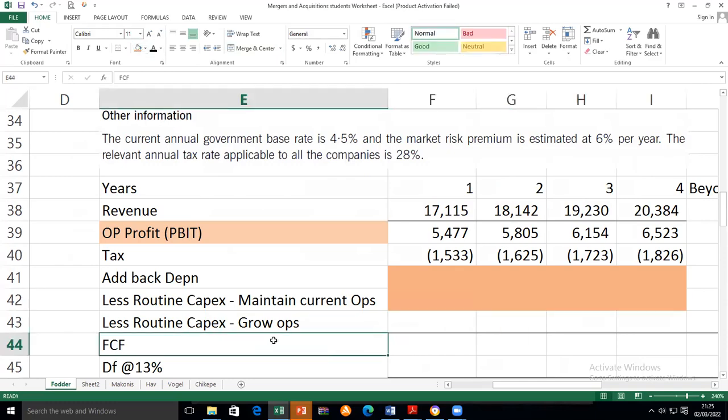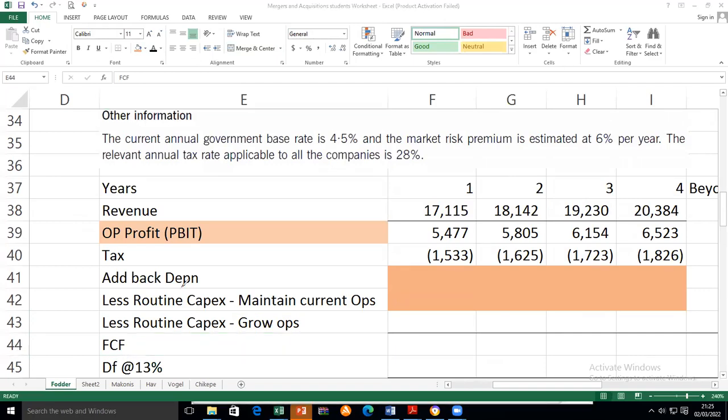That is why they have not even given them, because these two figures are the same. We can assume that the figure you are supposed to add back here is the same as this figure here, and they have not given it because you don't need it.